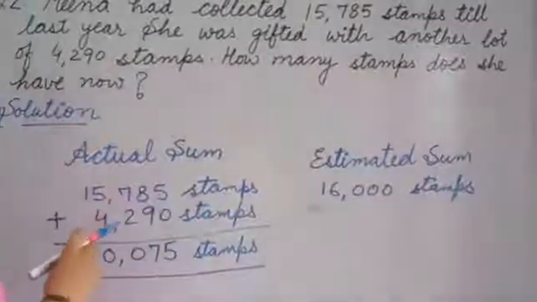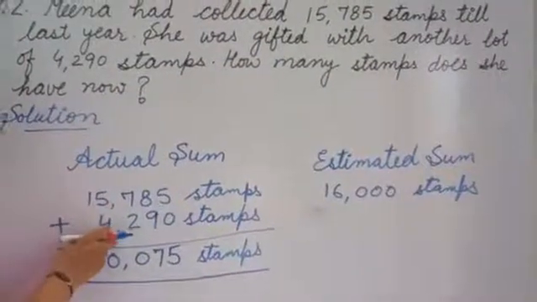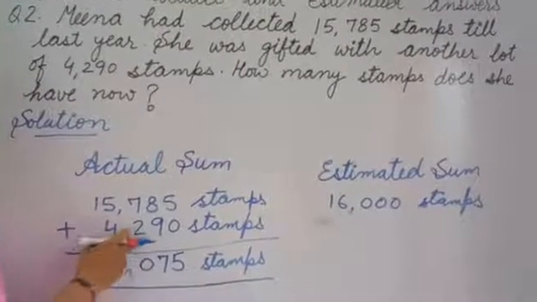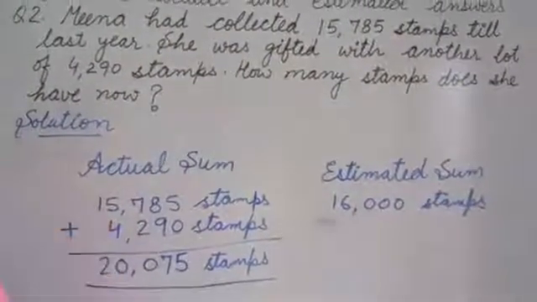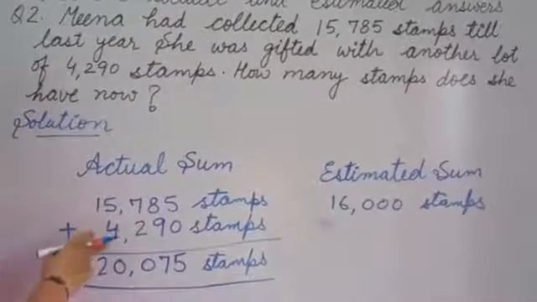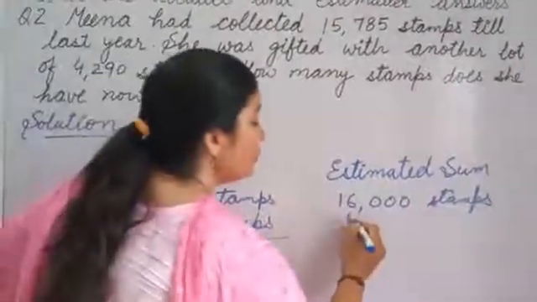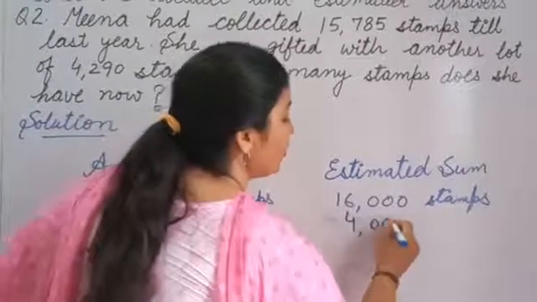Now here is 4. Last is 4,000. So we have to check 100 column. What is in 100 column? 2. 2 is less than 5. So we will not increase it. So it will be 4,000. So there we write 4,000 stamps.